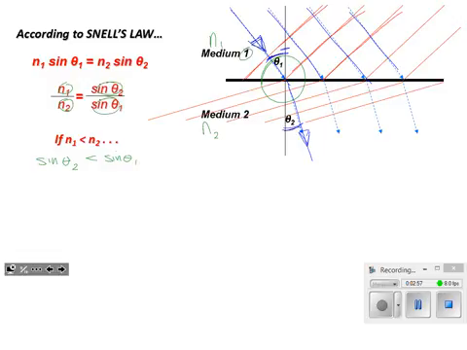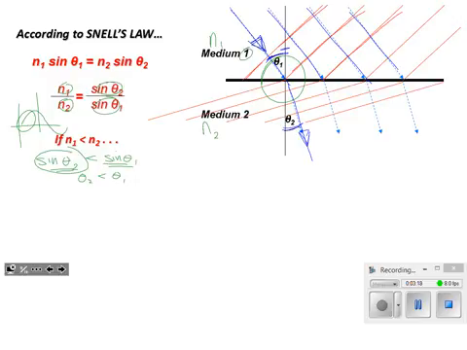Now, what angles have smaller sines? Because this says the sine of the angle is small. Well, a sine curve does that. So small angles have small sines, as you get up to 90 degrees. So that means that theta 2 must be less than theta 1.